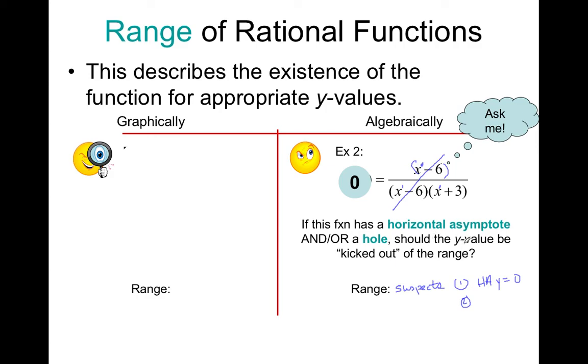So the y value of a hole. Well, what's the y value of the hole? Since there's a hole at x equals 6, the y value must be 1/9. So I have two suspects.